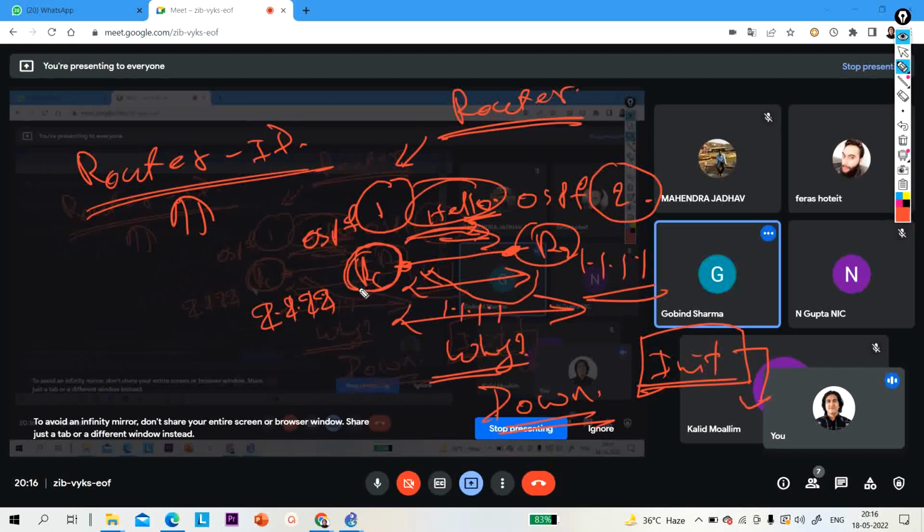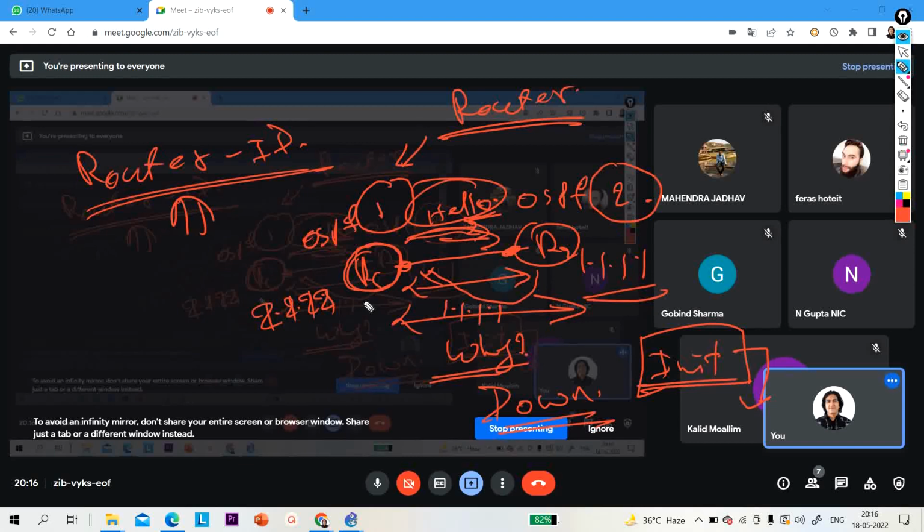Yes. It means when R1 is receiving a hello message from R2, R1 is not able to find its own router ID in the active neighbor field, right? Guys, in a hello message there is one field called the active neighbor field.